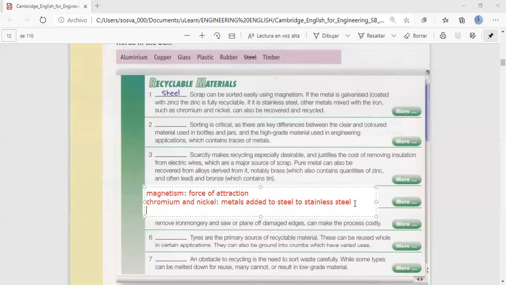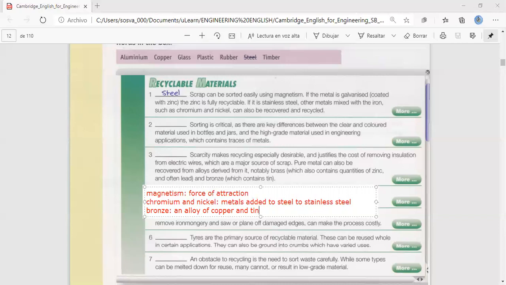Okay. We also have bronze. What is bronze? It's an alloy. Do you know what an alloy is? Alloy, it's the union, la mezcla, la aleación, of copper and tin.